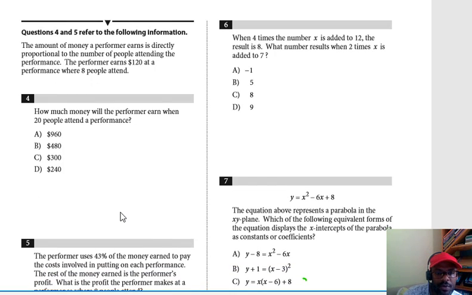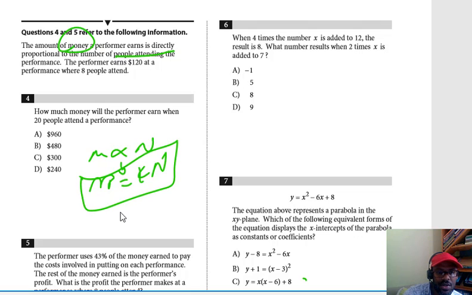Okay, question number 4 and 5 refer to the following formulas. The amount of money a performer earns is directly proportional to the number of people attending. Okay, the amount of money, let's use m. Let the number of people be n. So change this to equality, so you have to multiply n by some constant k. Okay, this is m. All right, so the performer earns $120 at the performance where 8 people are attending. So this will help you to find that constant.